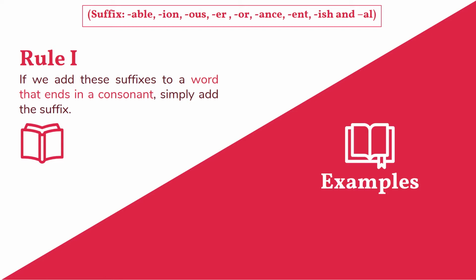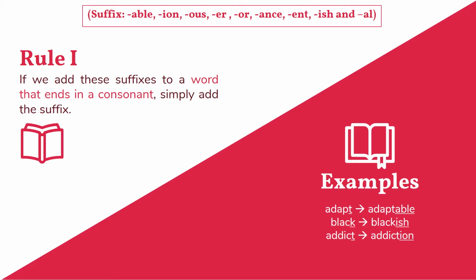Let's see the examples. Adapt, adaptable. Here you can see the word ends with a T, and hence we have added the suffix able at the end of it. Next, black, blackish. Once again, the word ends in a consonant K, and we have added a suffix ish at the end of it.